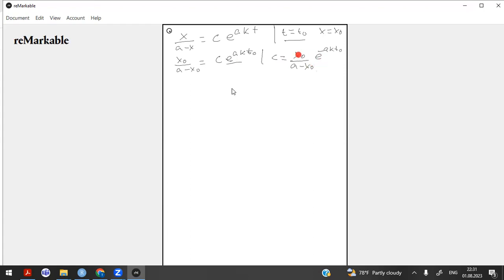So now we can plug this whole initial condition into our equation here, specifically in C. So we'll have x over a minus x equals x0, right?